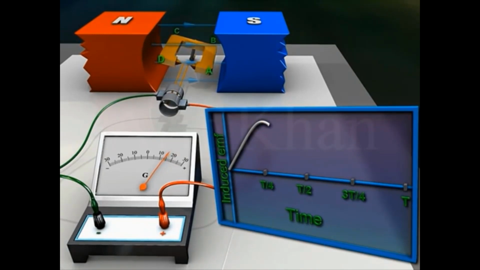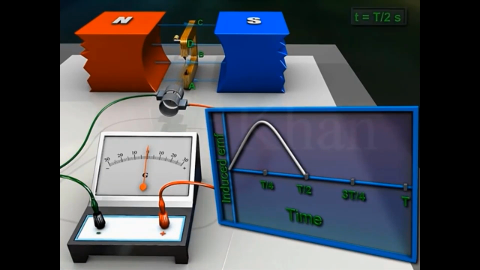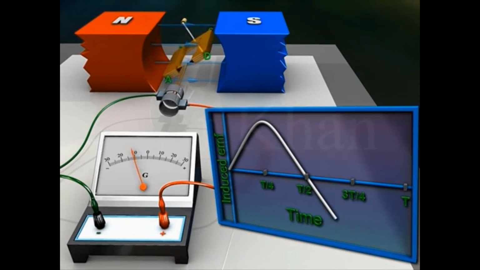During the second quarter rotation, the induced EMF decreases. Then, at time t upon 2, the armature again becomes vertical and therefore the induced EMF is zero. During the third quarter rotation, the induced EMF increases but has an opposite polarity as compared to that of the first half rotation.